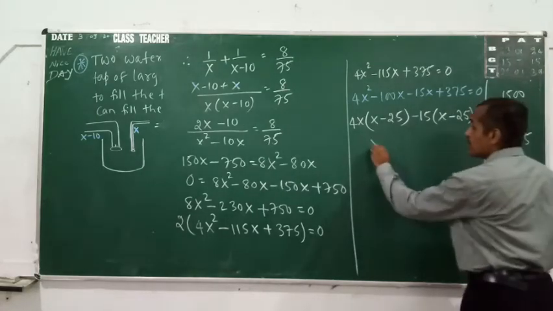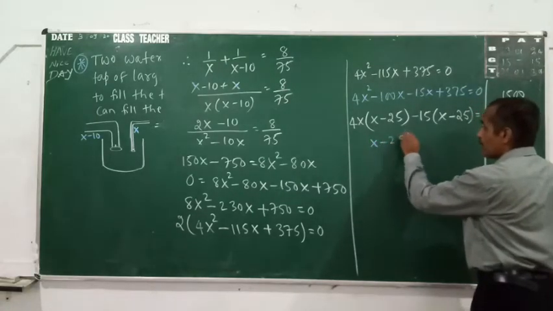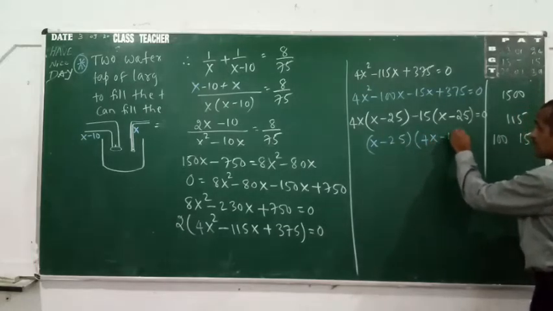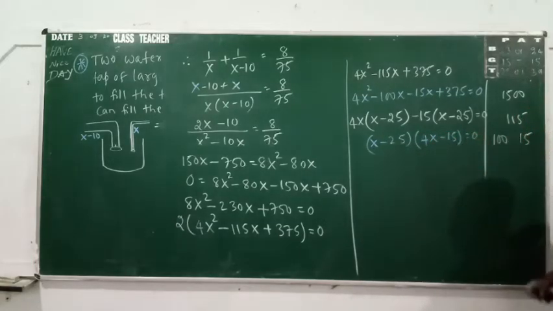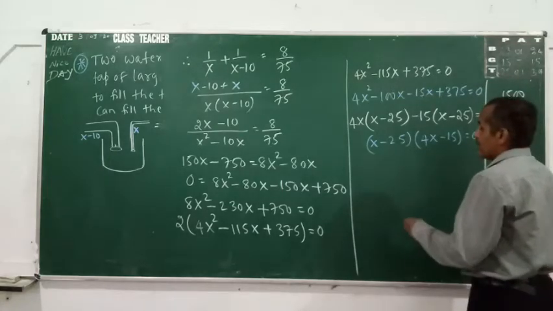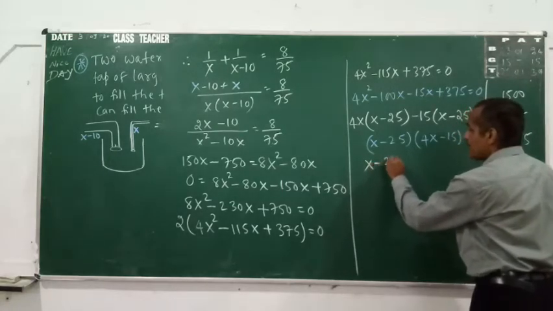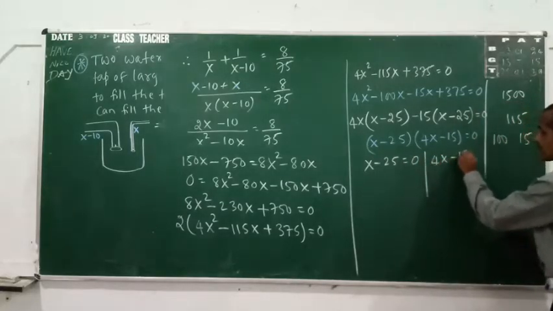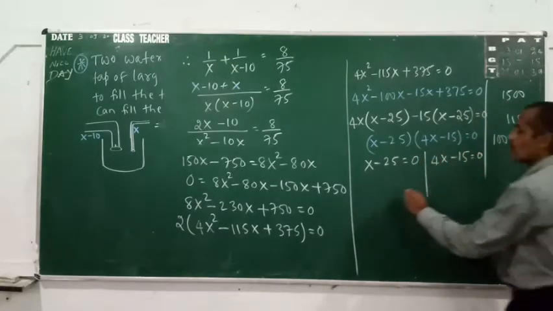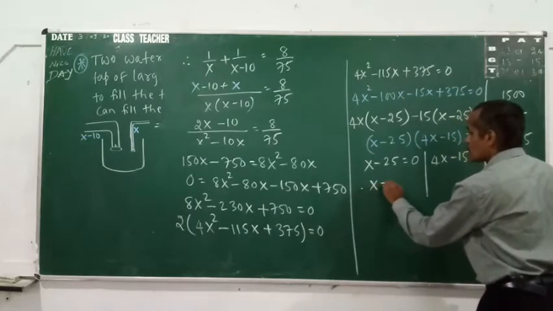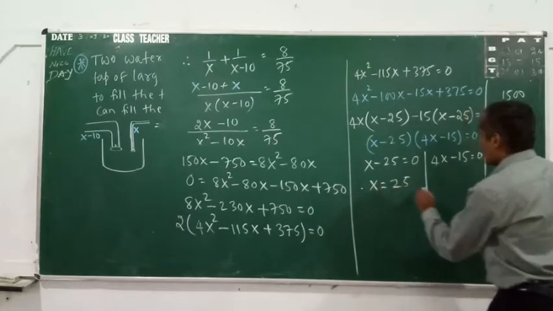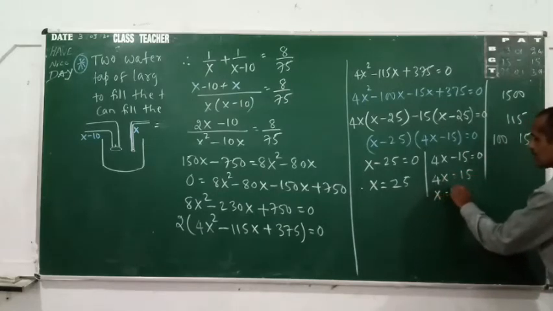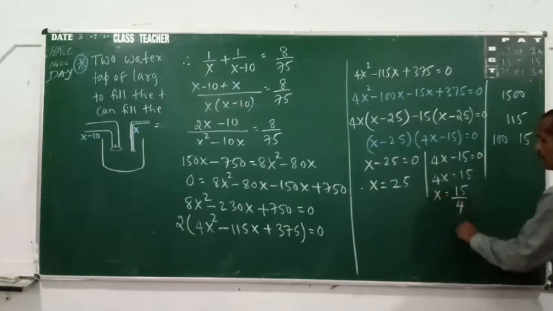We got the two factors, x minus 25 and 4x minus 15 is equal to 0. Then x minus 25 is equal to 0, 4x minus 15 is equal to 0. Therefore, x is equal to 25 and 4x is equal to 15, x is equal to 15 by 4.